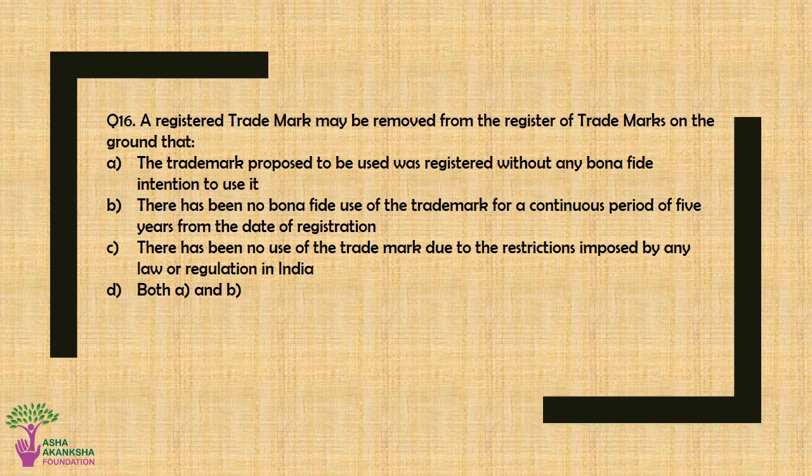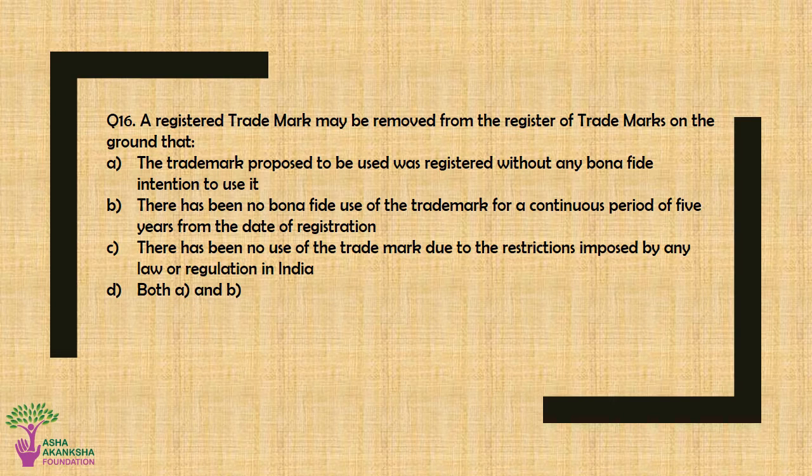Question number 16. A registered trademark may be removed from the register of trademarks on the ground that option A, the trademark proposed to be used was registered without any bona fide intention to use it. Option B, there has been no bona fide use of the trademark for a continuous period of 5 years from the date of registration.